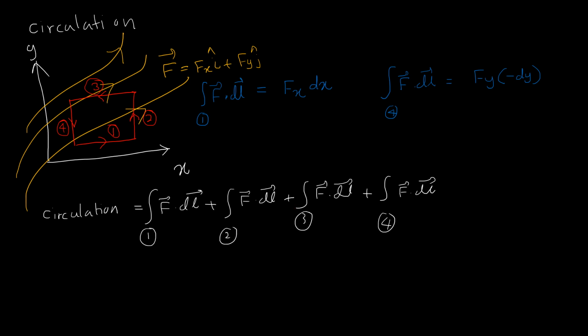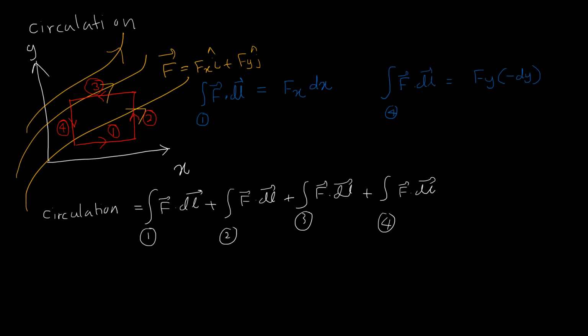Now path 2 also changes only in the y direction. Therefore, we will be integrating only the y component of the vector field. However, we can think of this path integral as the line integral of path 4 plus how much the y component of the vector field changes with respect to x.